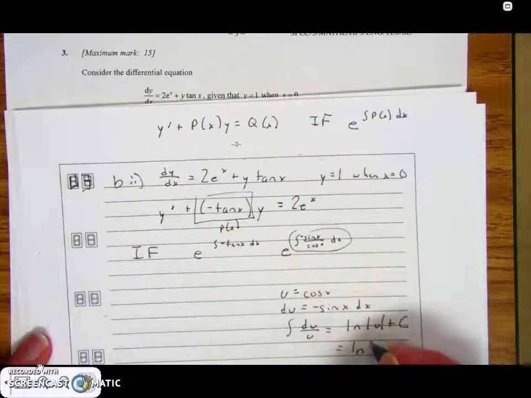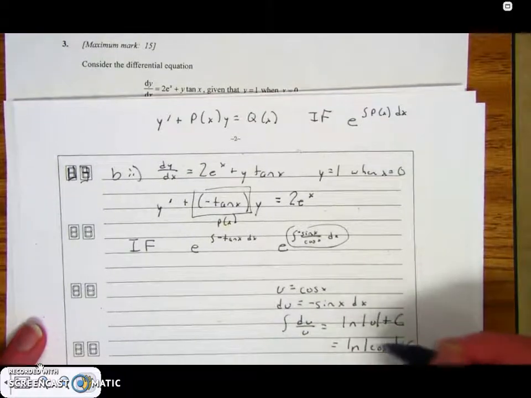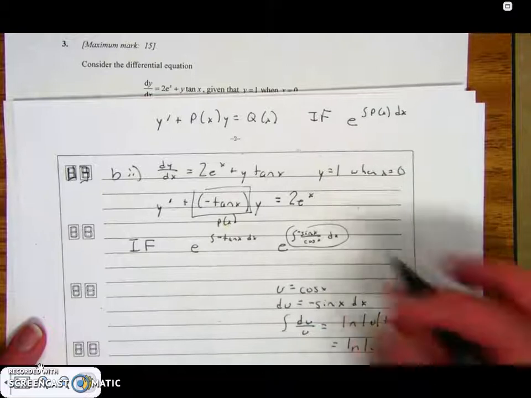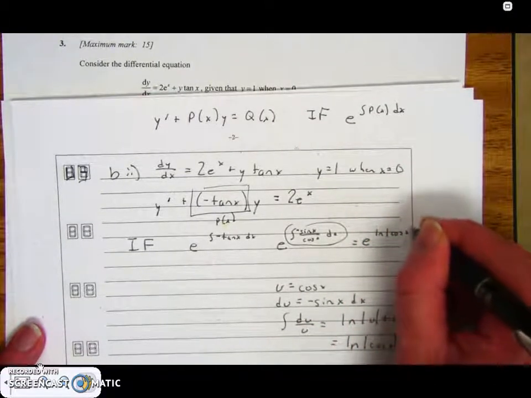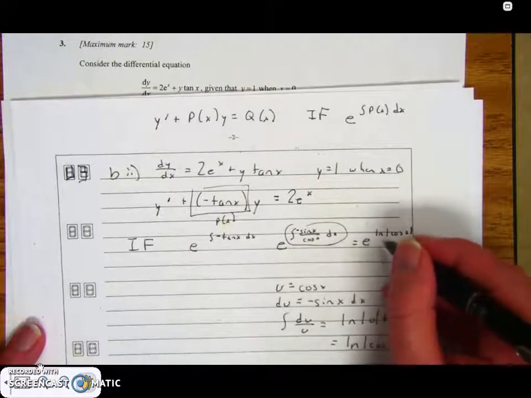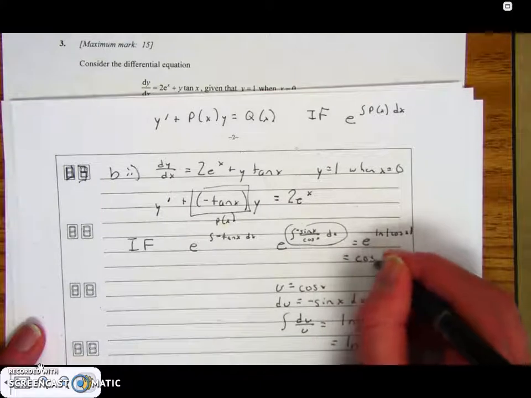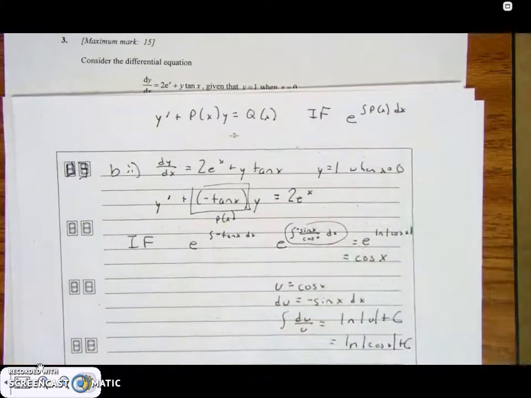And that'd be the absolute value of cosine x in this case. For integrating factors, we generally do not use the absolute value or the plus c. So this becomes e to the ln of cosine x. These are inverse operations. The e and the ln undo each other, and that just leaves you cosine of x. So that's your integrating factor.